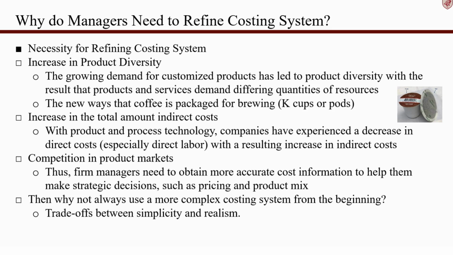Let's say you're in a really big company dealing with hundreds and thousands of product types, and there are so many different resources consumed for them. Can you really keep track of all those resources? Of course, you can, but that would be really time and cost inefficient, right?